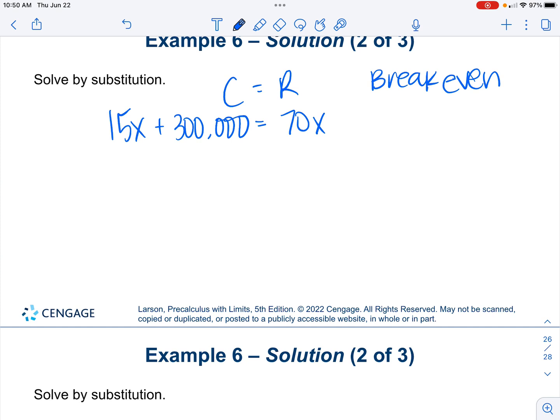First, I'll subtract 15X from both sides. So I have 300,000 equals 55X. Then I'll divide both sides by 55.